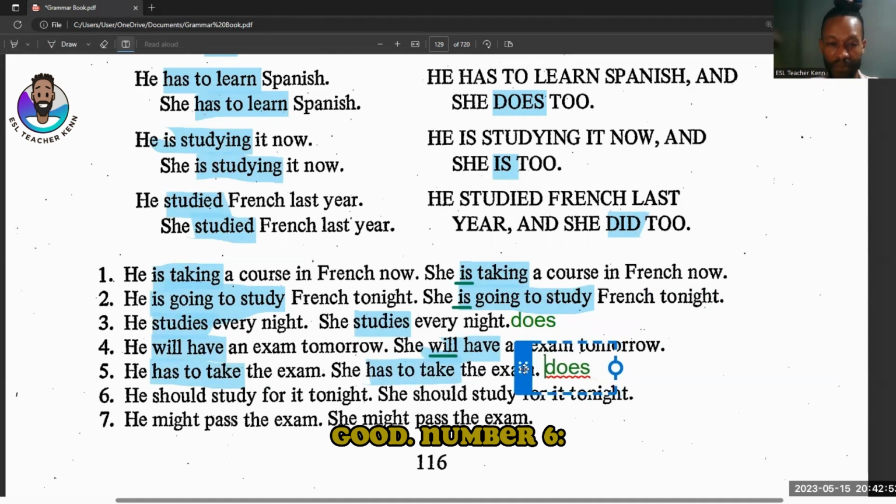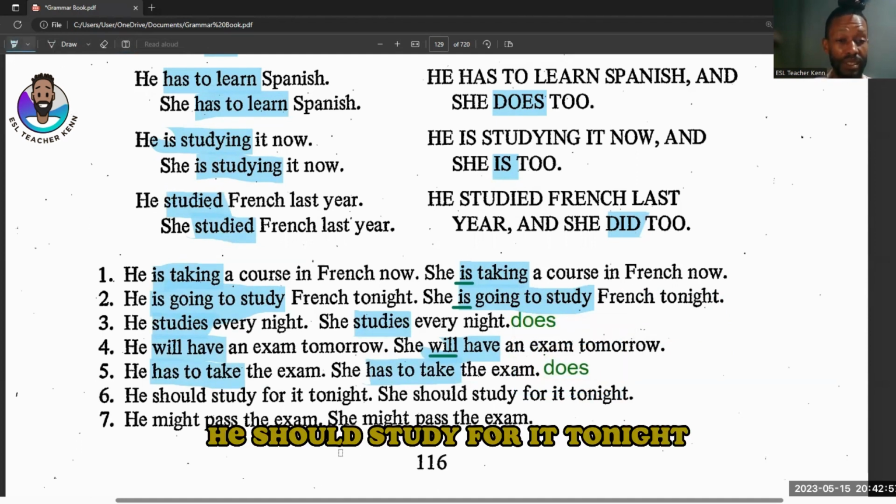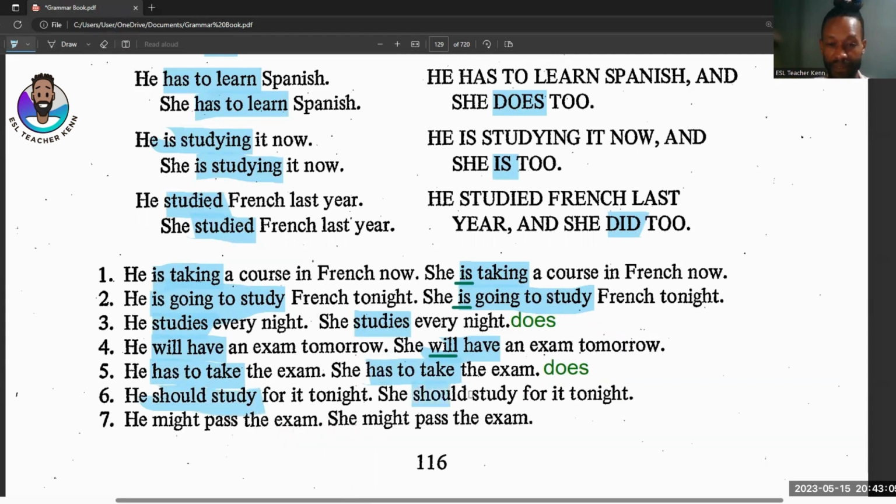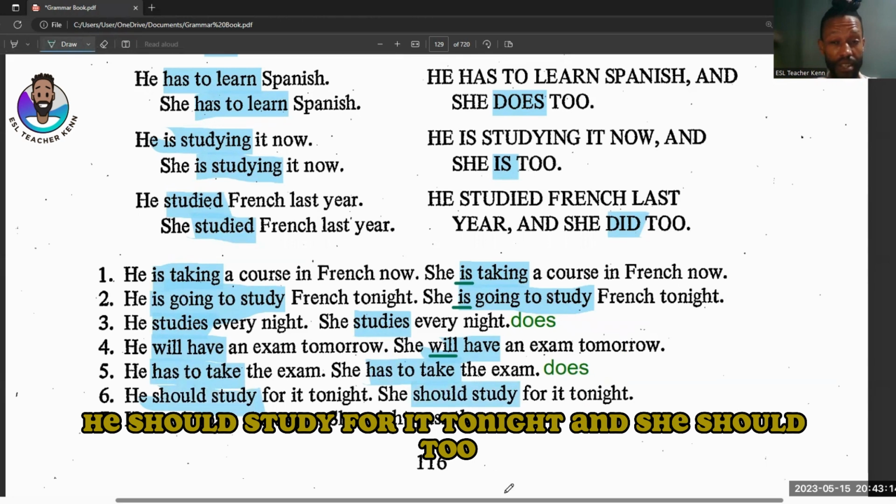Very good. Number 6. He should study for it tonight. She should study for it tonight. He should study for it tonight, and she should too.